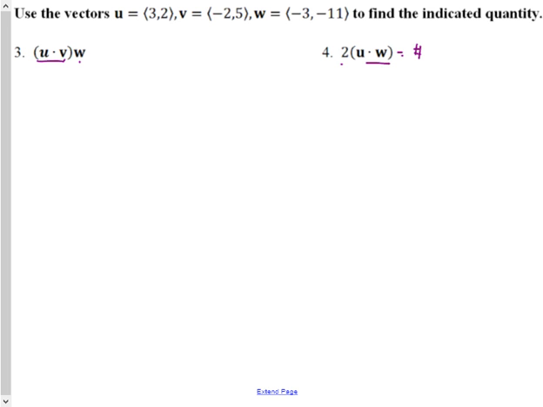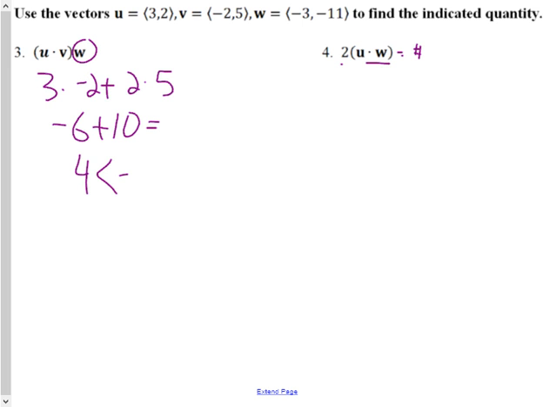So let's go ahead and process this. u dot v: we got 3 times negative 2 plus 2 times 5. So negative 6 plus 10 is positive 4. And now we're going to bring w back in. Positive 4 times <-3, -11> is <-12, -44>.